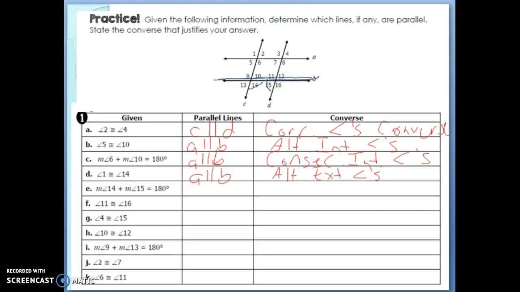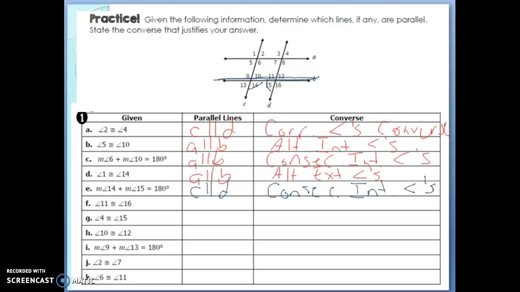So that tells us that they are consecutive interior angles. If they're consecutive, then the lines that they don't share are parallel. So C is parallel to D because they add to equal 180 degrees.